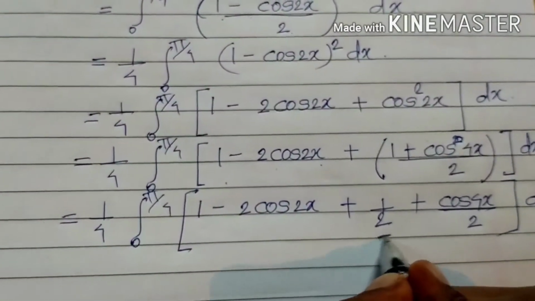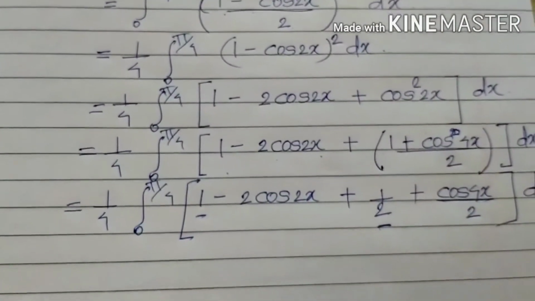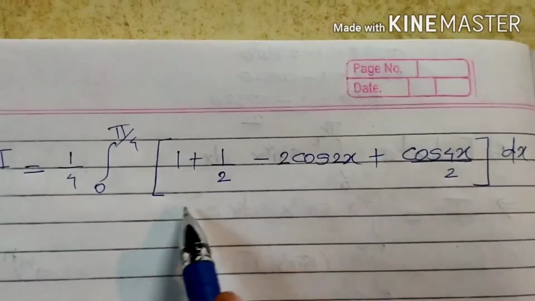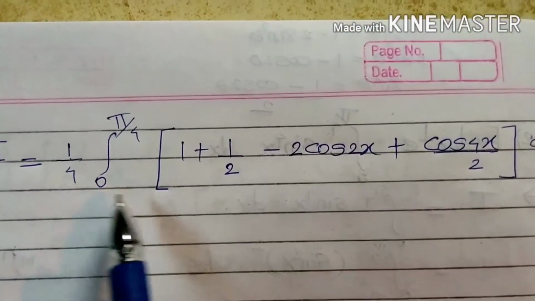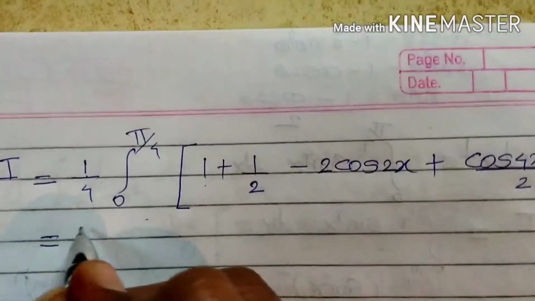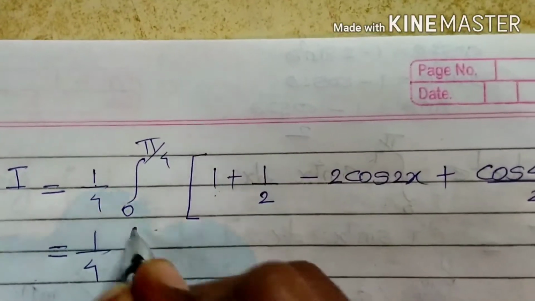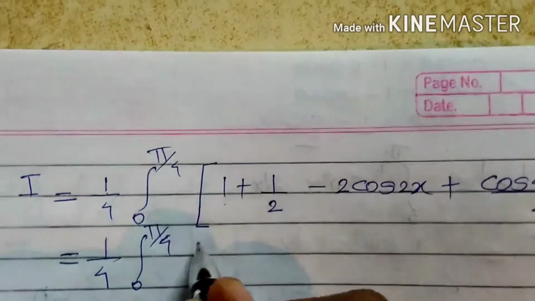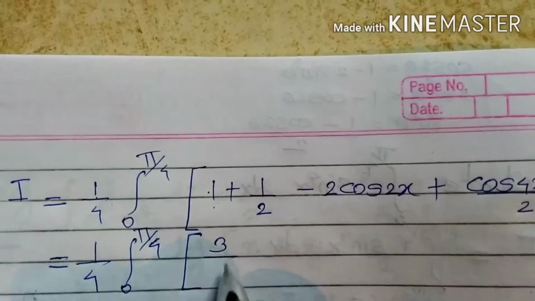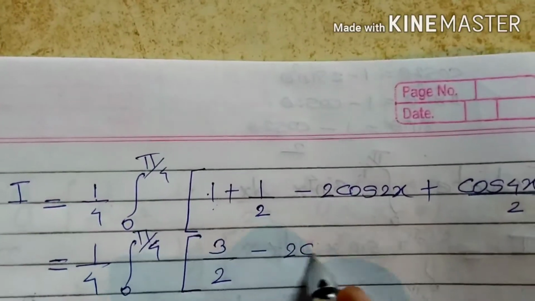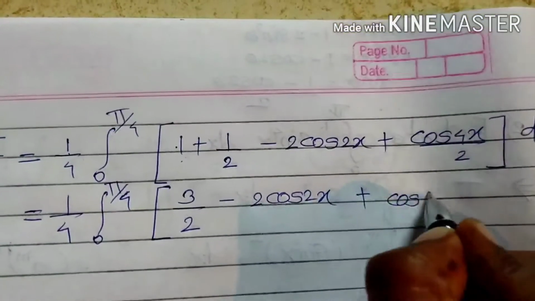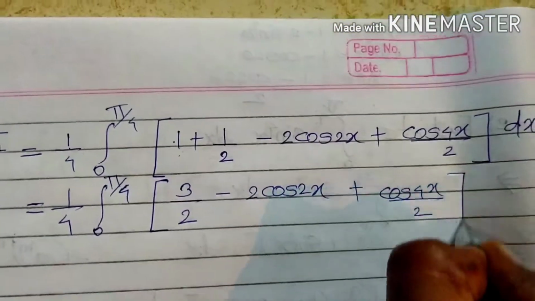Now add this 1 plus 1 upon 2. So remaining. Now this is our next step. 1 by 4, 0 to pi by 4, 1 plus 1 by 2. Calculate this: 2 into 1, 2, 2 plus 1, 3. So it is 3 by 2 minus 2 cos 2x plus cos 4x upon 2 into dx.